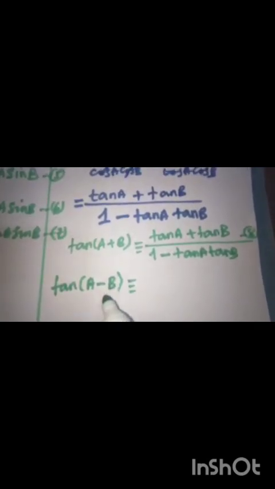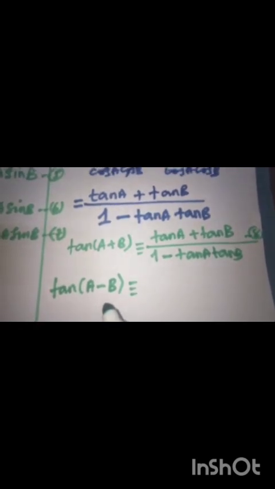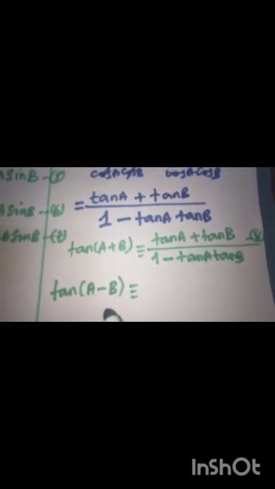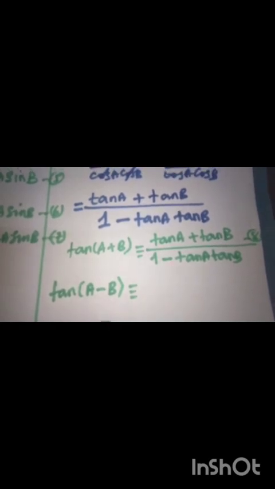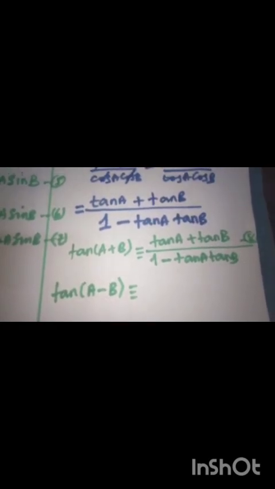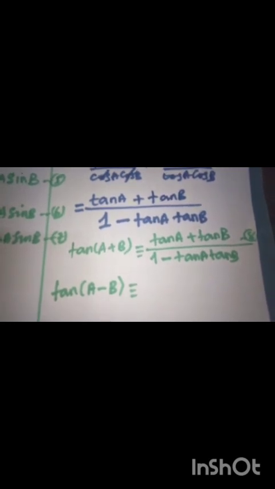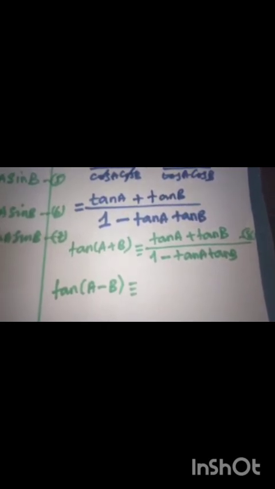Now in a similar manner, I have tan A minus B. Once you have the A plus B, to have the next is always easy. Like if you have sine A plus B, to have sine A minus B is easy because we use the property that sine is an odd function: sine of negative theta is equal to negative sine theta.